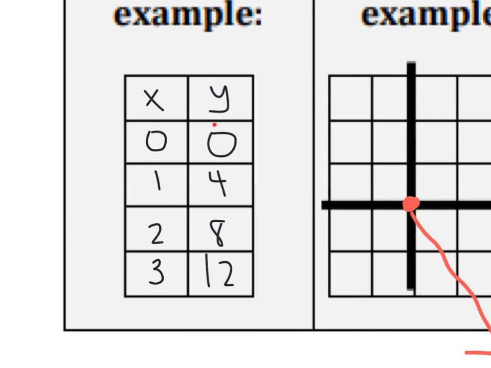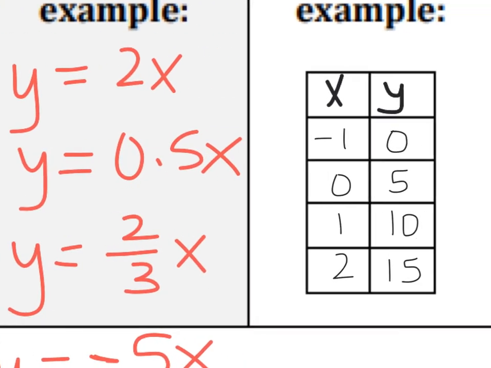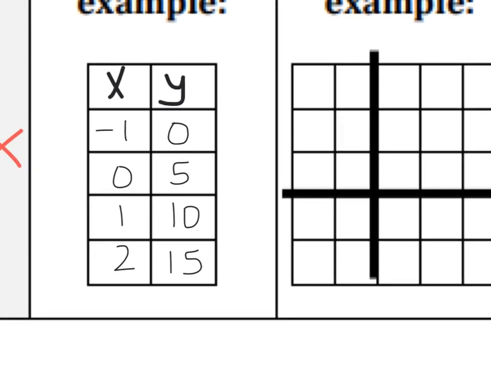So not only does the y value have to be 0, but the x value that goes with that also has to be 0. 0, 0 is the point that is representative of the origin. But for a partial variation, you have to look for your initial value as the y value that shows up when x is equal to 0.